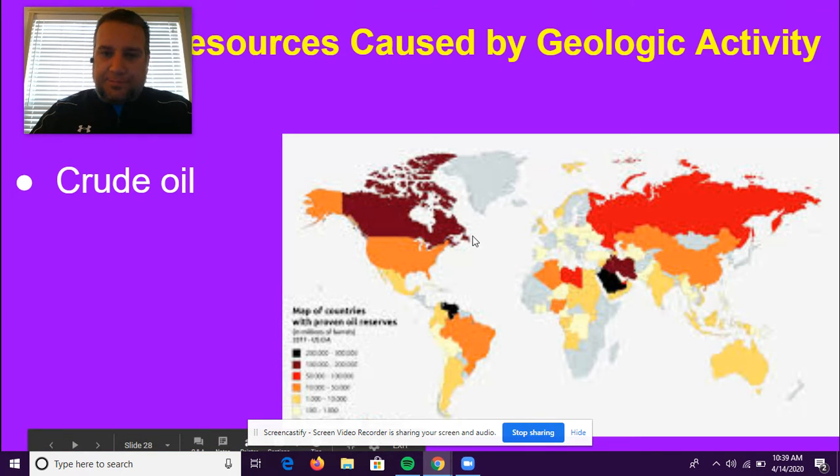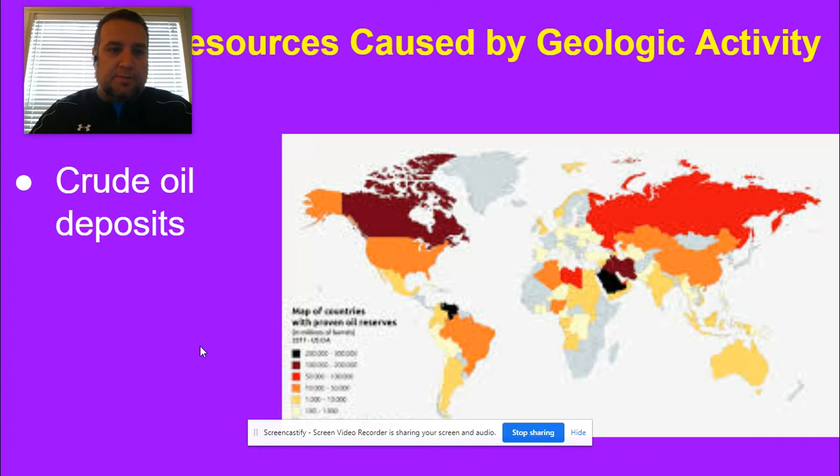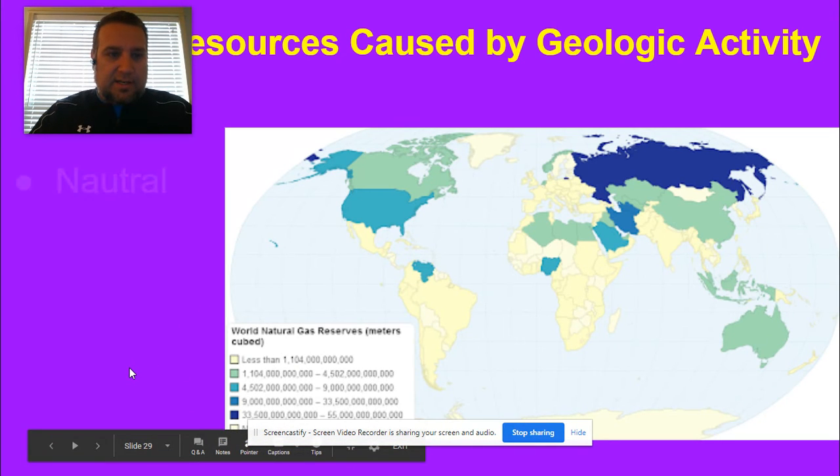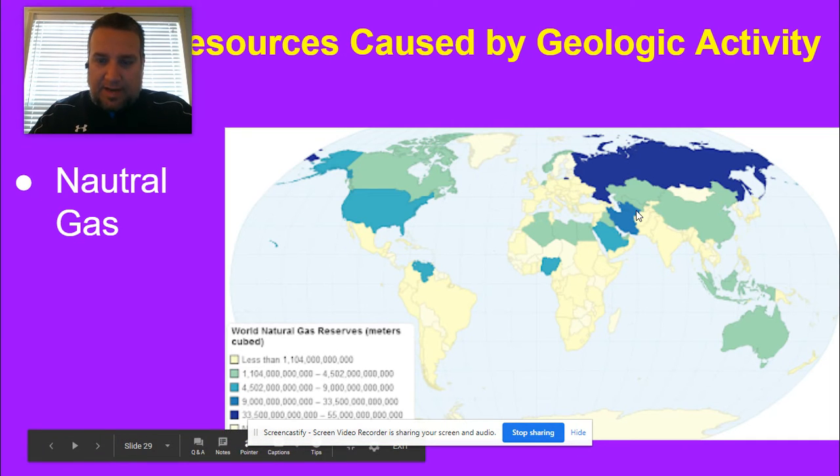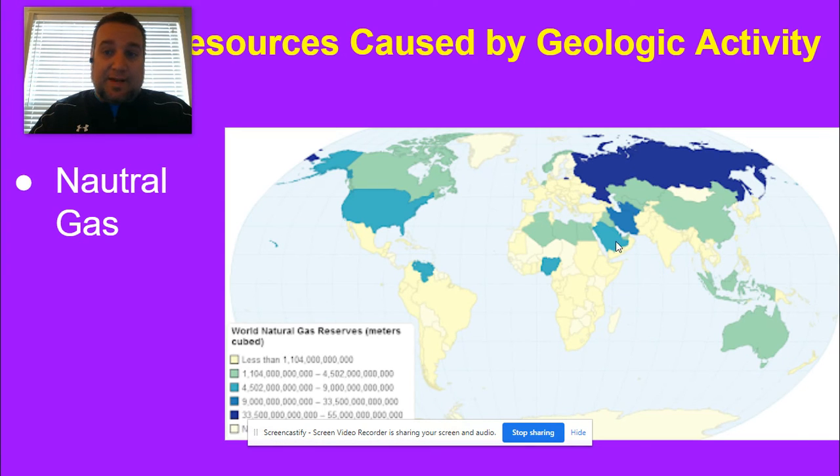You're going to see oil moving the same way. Our next one is natural gas, which is propane. Think about propane. This shows where they are, and you can see that you have a lot of the same places. Venezuela has some, Iran has some, but Russia has the highest concentration of these.